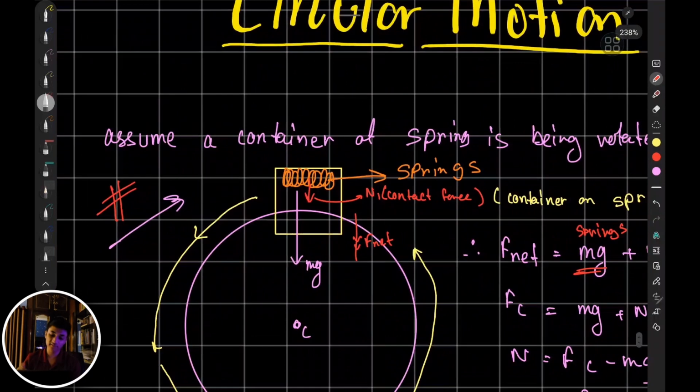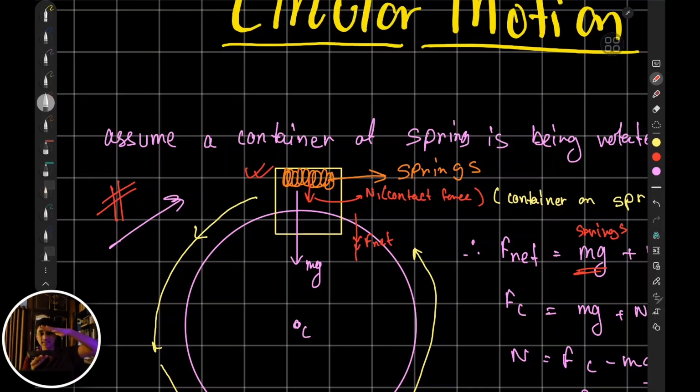Mind you, the contact force is acting in this direction. Why? Because the set of springs are at the top of the container. In this example, logically it's at the bottom of the container, but since it's at the topmost position, it's inverted.